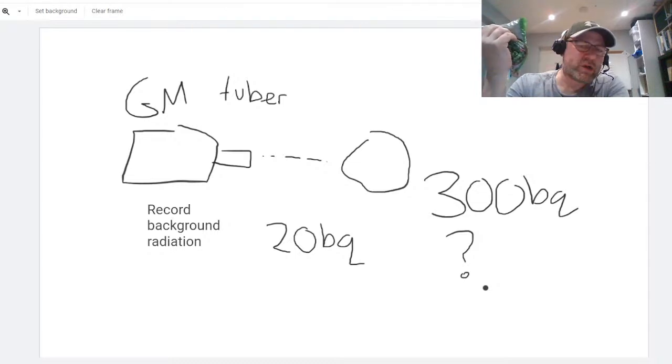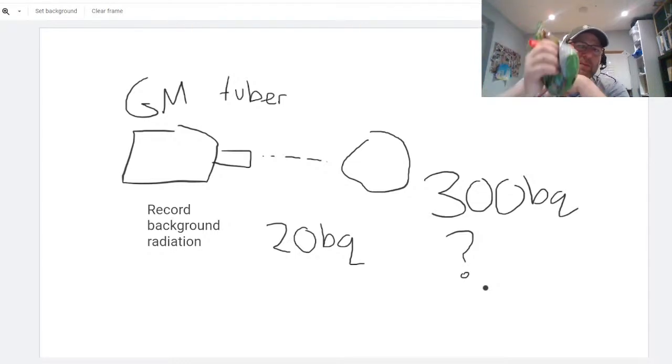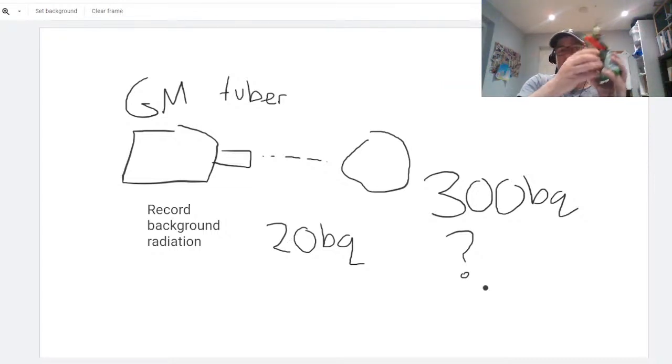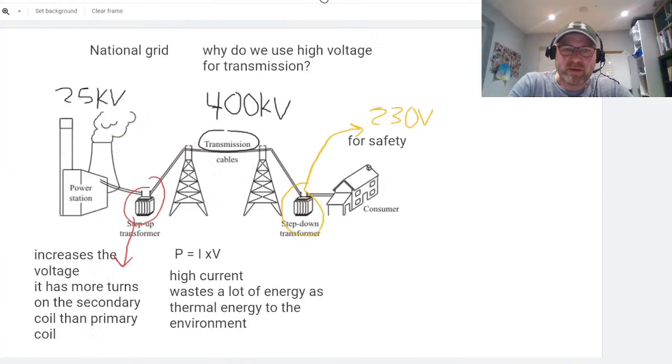So you recorded the background radiation first. When you bring the P's in and the reading goes up to 300, you've got to take away the background radiation from the new reading to know that the P's are only 280. So it's 280 rather than 320. So make sure you say record the background radiation first. And if you were doing this practical, you'd put in some safety things as well, like wear a lead apron, use tongs to handle it, wear gloves, that type of stuff.